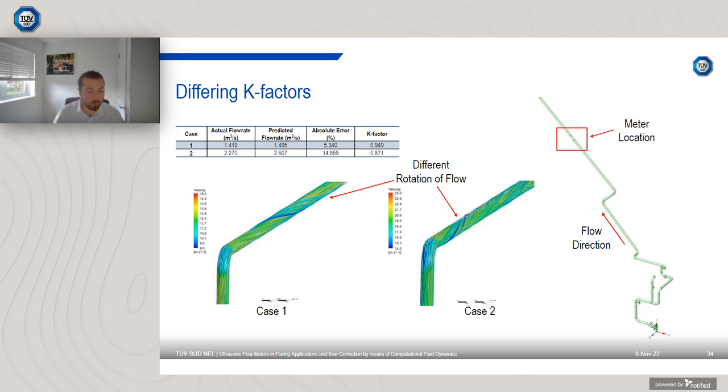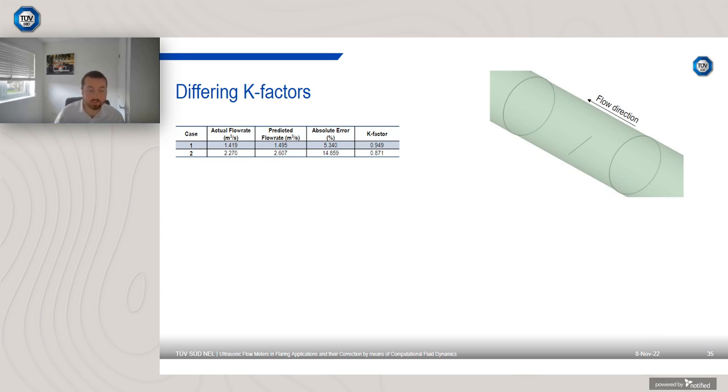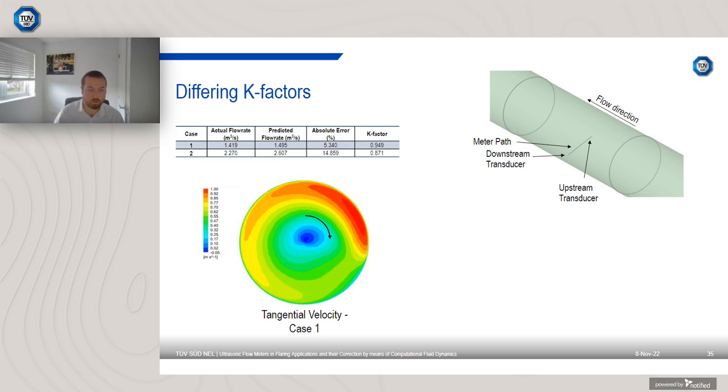So if we have a look at how the meter is configured again, the meter path is located on the left hand side of the pipe, and the upstream sensor is located in the upper part of the pipe, and the downstream sensor is located on the bottom side of the pipe. And to understand the difference between the two cases, we can plot the tangential velocity at the start of the meter path for both case 1 and 2.